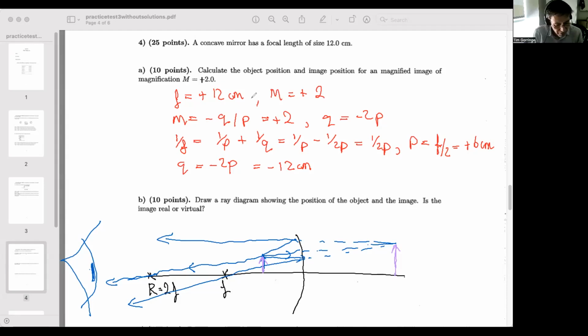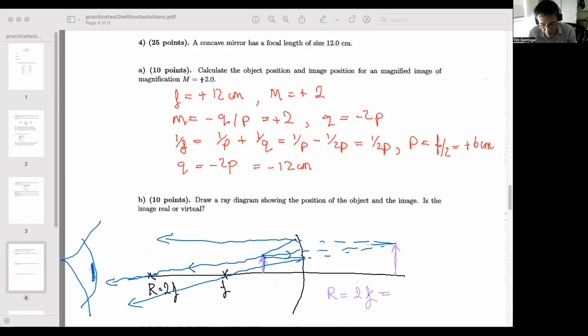There's one remaining part of this problem. It asks you in part C, I'll see it on the slide here, but I'm going to calculate it here, to calculate the radius of curvature of the mirror. The radius of curvature of the mirror is just twice the focal length of the curved mirror, or the spherical mirror.